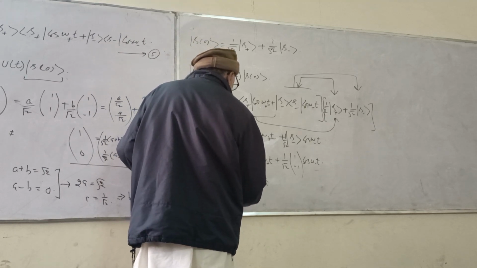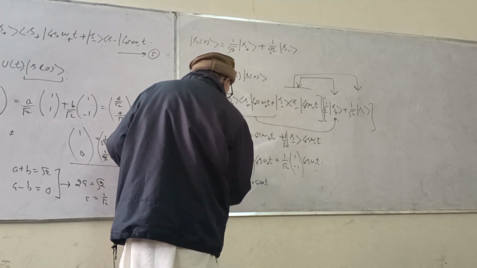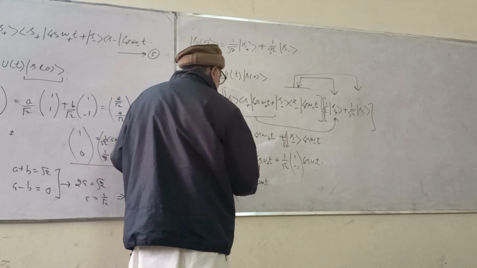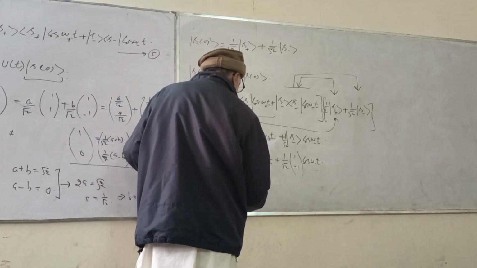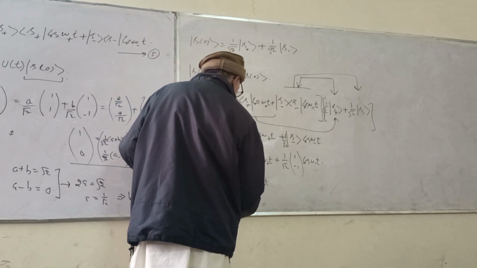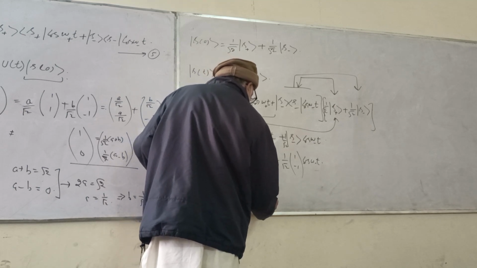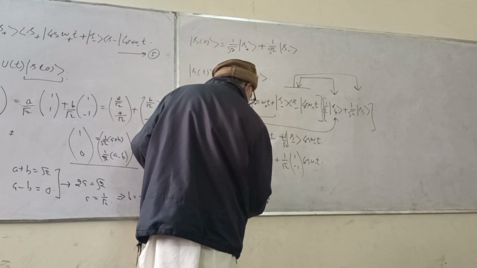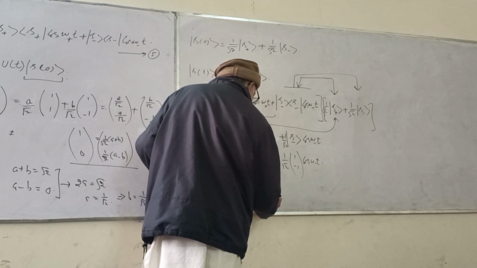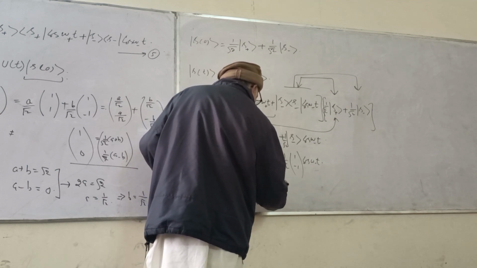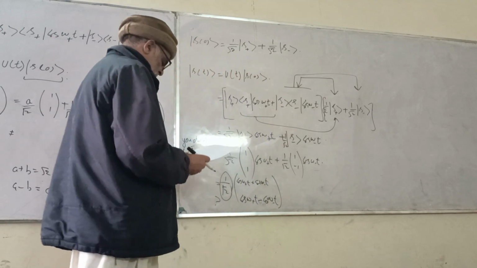So cos omega plus t plus cos omega minus t, and cos of omega plus t minus cos of omega minus t, right?